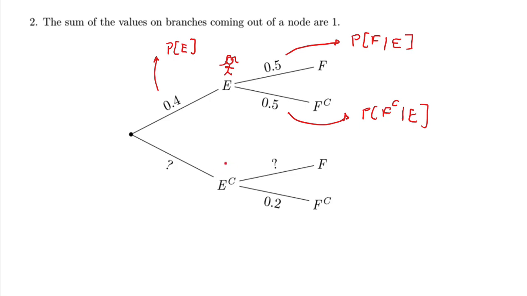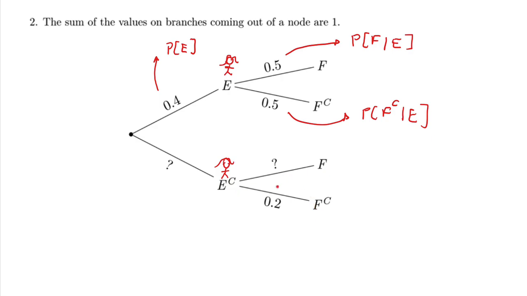Let's sit on this node now, and let's look ahead. E did not happen. When I look forward, I have two possibilities, F happening or F not happening.